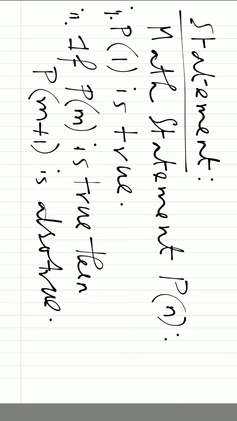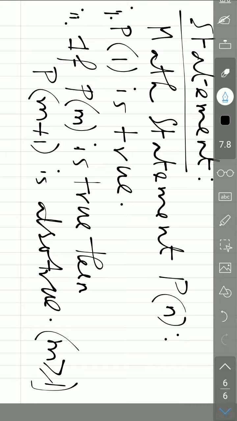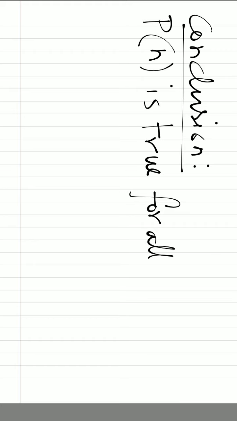What it is saying is, if the statement is true for any arbitrary natural number m, then it will also be true for the immediately next natural number, that is m plus 1. If these two conditions hold, then the conclusion of the principle is that Pn is true for all natural numbers.